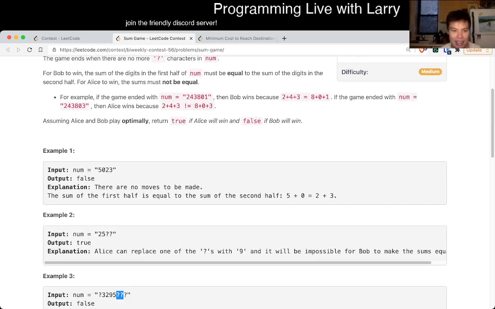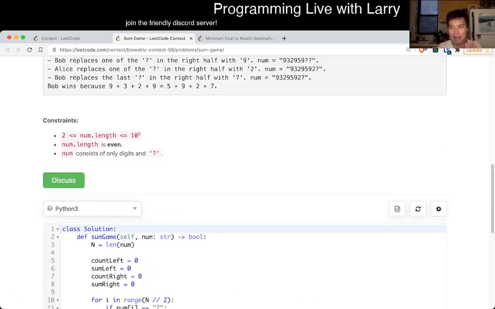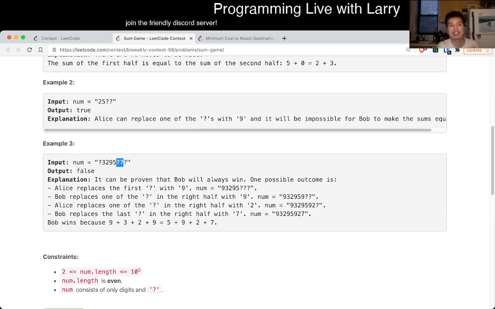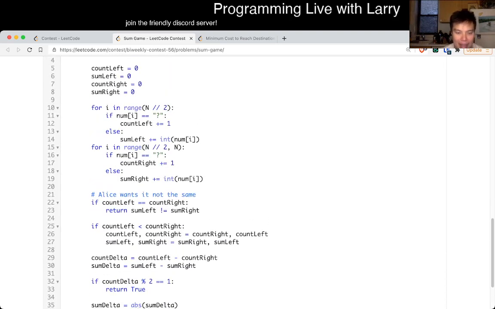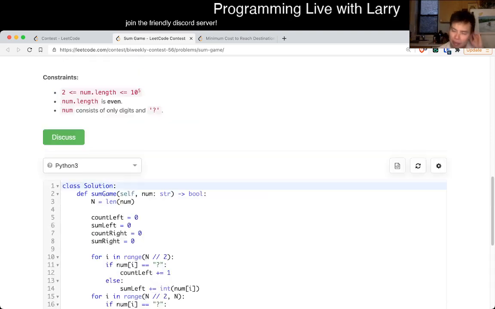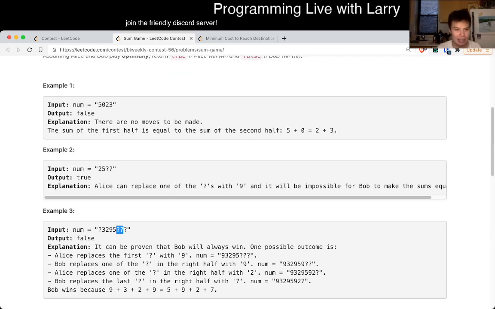And then the second part is that you have question marks and a target number that you're trying to reach, right? Depending on how you want to count it, there is an impossible situation where, if you cannot get to that number, then it's true. For example, I think this is example 2, where you're trying to get to 7.